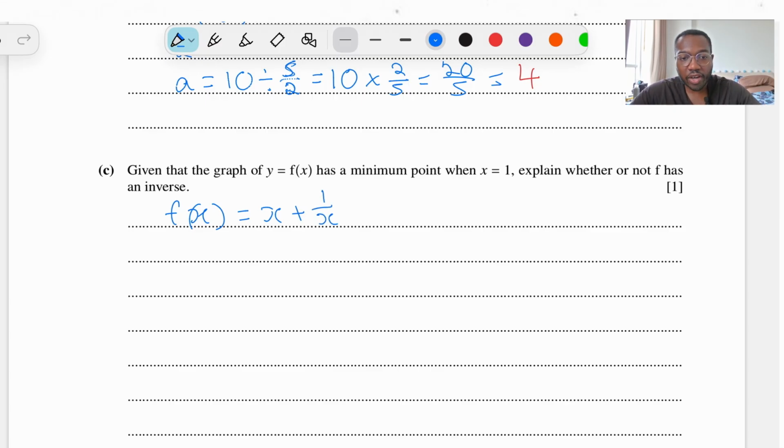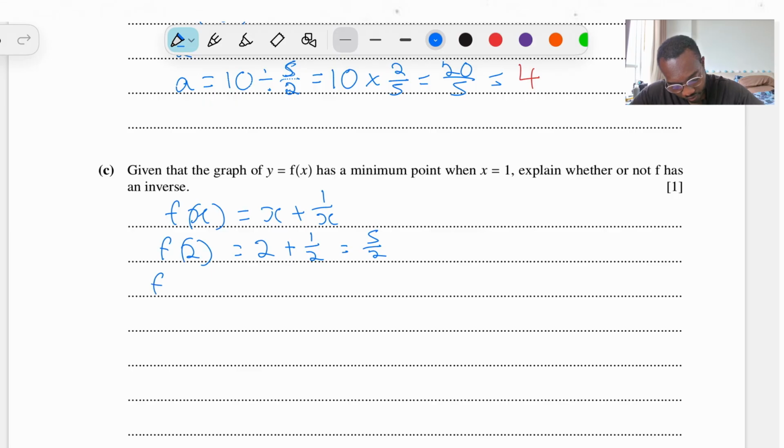If we can find two values of x greater than 0 which have the same value, then we know that it doesn't. And we can, because it's x plus 1 over x, so it's just a value plus its reciprocal. So for example, f of 2 would be 2 plus a half. That'll give me 5 over 2.